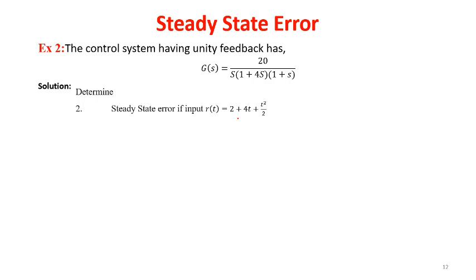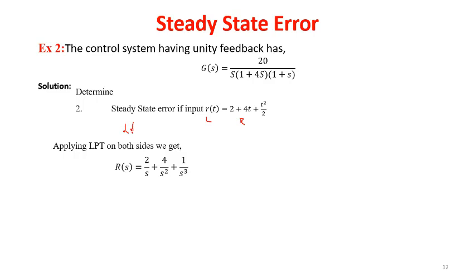Hence for this we need to apply the Laplace transform. Applying Laplace transform on both the left hand side and the right hand side, we get R of s, that is the Laplace transform of r of t.